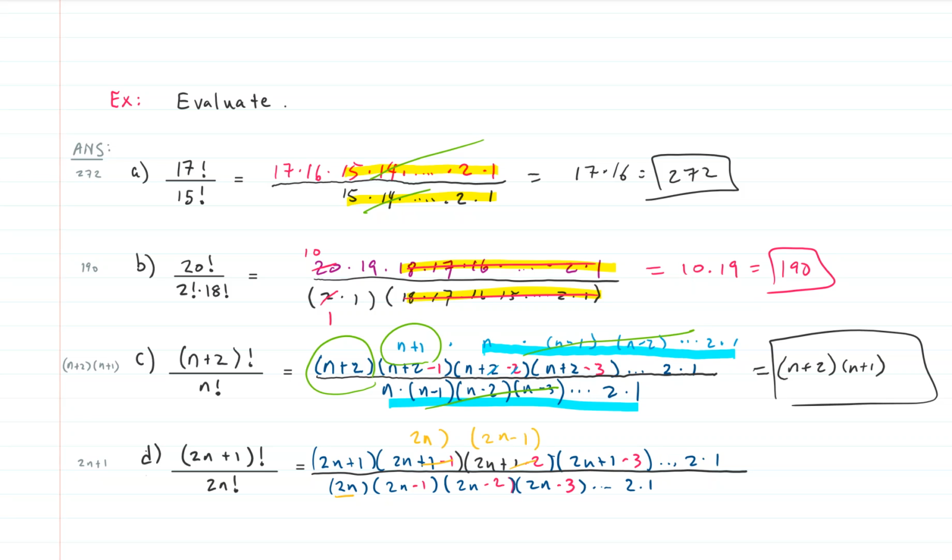That's the next term. 2n plus 1 minus 3 gives me 2n minus 2. This is looking fantastic, all the way down to 2 times 1. That's exactly what we have below. So we can see that everything in the bottom cancels with almost everything in the top, and we're left with just the first term.